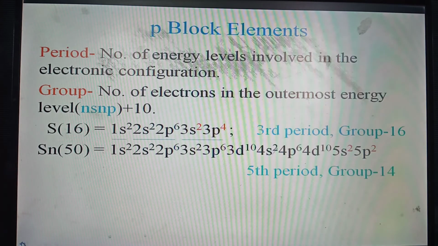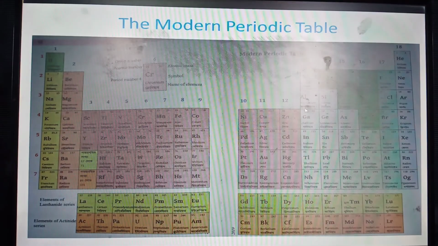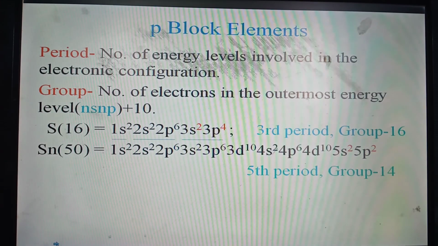Let us see the position. It is the third period, group 16. Sulfur is here. So you can determine the position of p block element in this way. We have another example with a higher atomic number, atomic number 50.